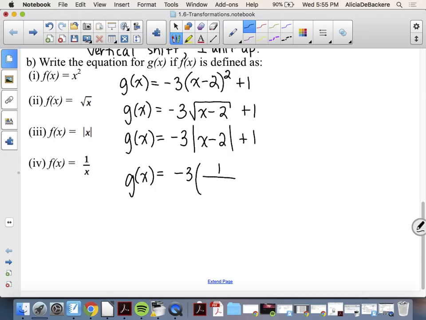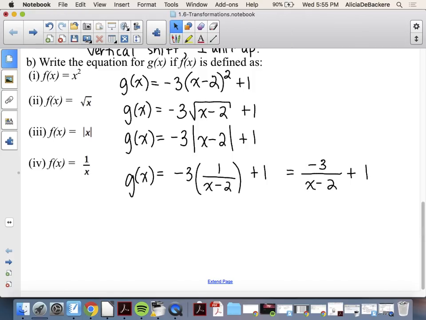I get 1 over, x minus 2 goes all in the denominator now, and then the plus 1 goes afterwards. Don't forget that you can multiply this in, so another way to write this answer would be to put the negative 3 in the numerator. x minus 2 is still in the denominator and plus 1 still coming afterwards. So two possible answers for that last one.